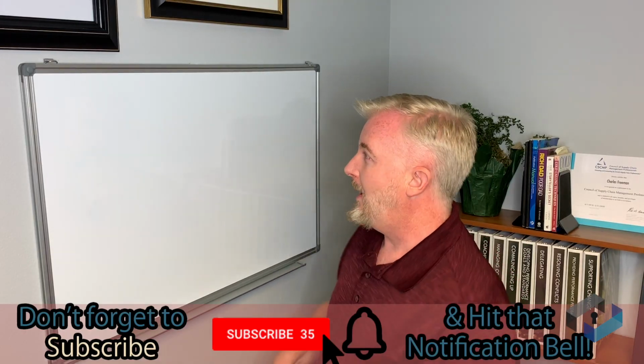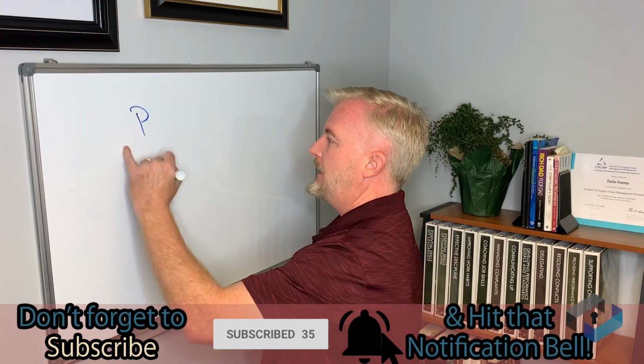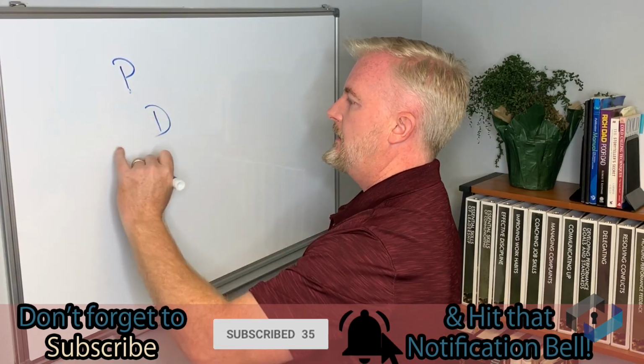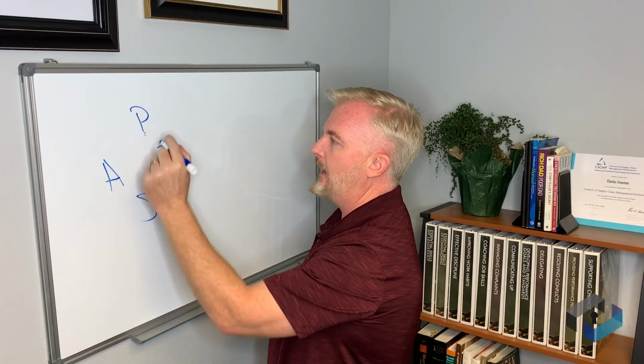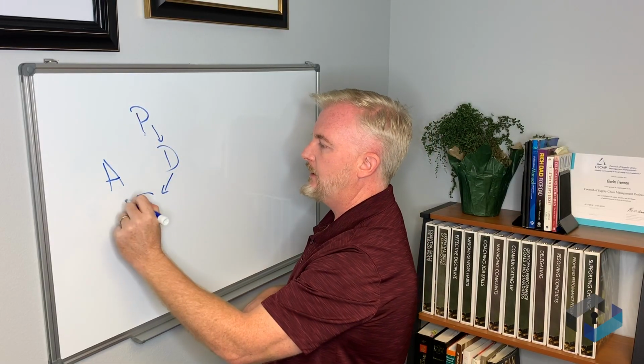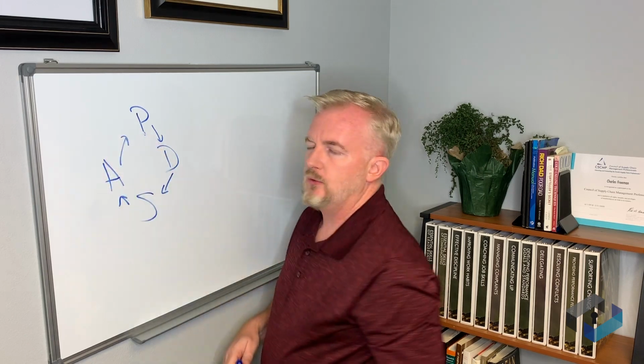And today we're going to tackle a process very near and dear to my heart that Deming created. It's called the Deming Cycle: plan, do, study, act. It's a process that flows and then continues up again. So what is plan, do, study, act? Think of it as a process to improve processes.